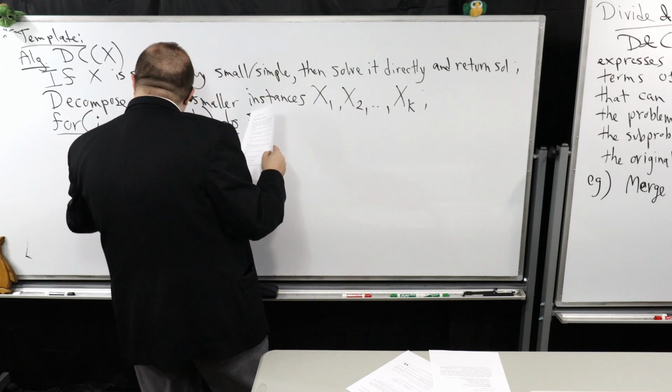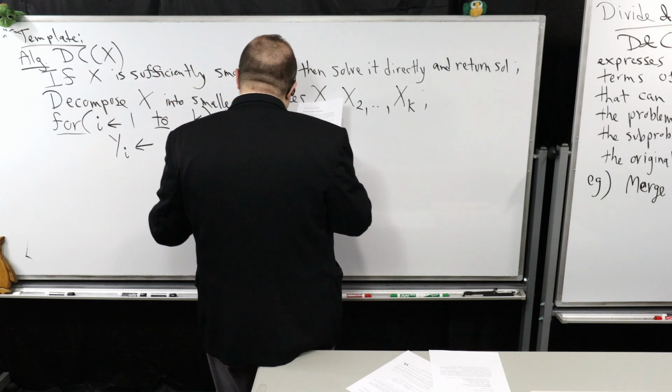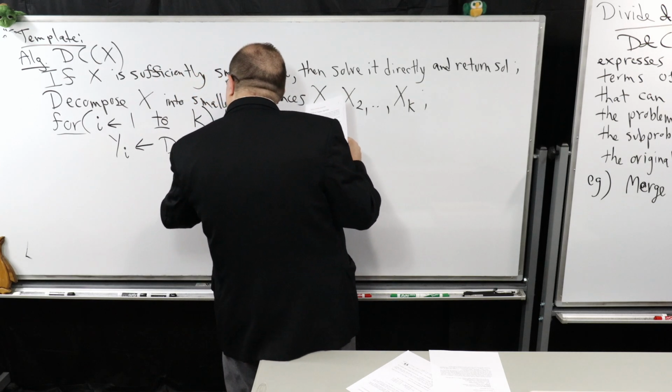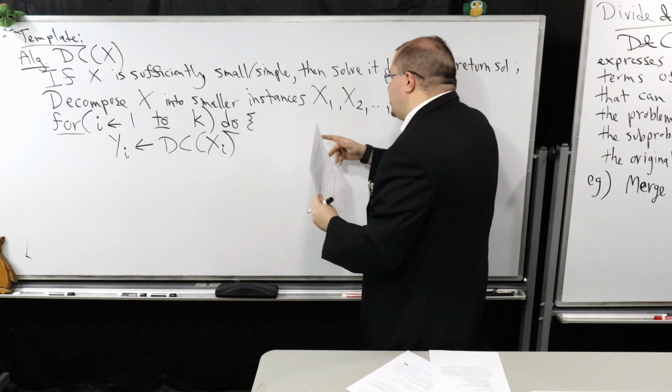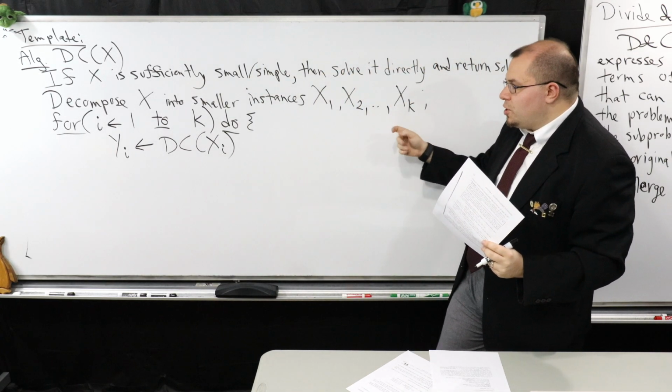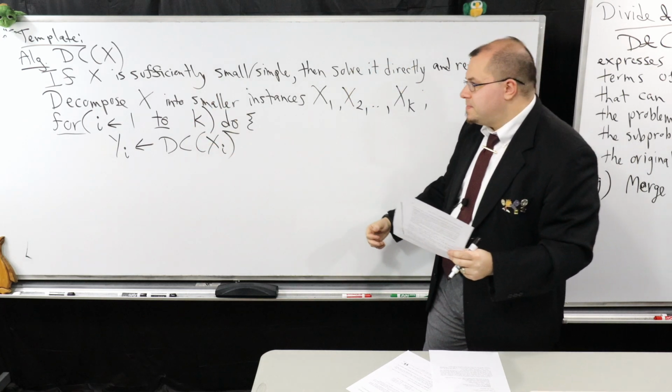So for each of these, I'm going to get a solution from the divide and conquer algorithm given xi. So I decompose it into these smaller pieces. Then I recursively apply DC on the smaller instance.